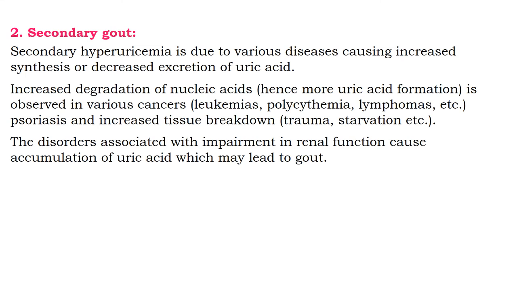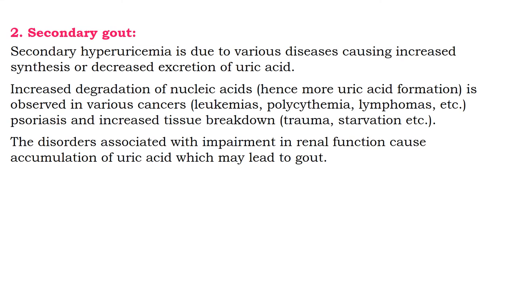Now, increased degradation of nucleic acids causes more uric acid formation. This is observed in various cancers like leukemias, polycythemia, lymphomas, and psoriasis, and in increased tissue breakdown because of trauma or starvation. If there is necrosis, in such cases we are going to increase the formation of uric acid.